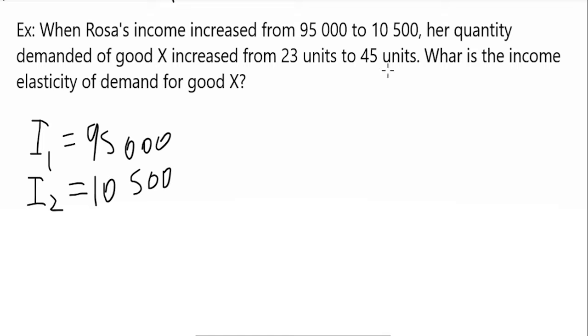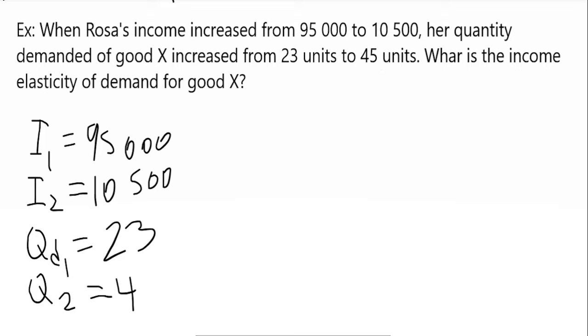Her quantity demanded of good X increased from 23 units, so this is Q1, to 45 units, so Q2 is 45. Now we want to find what is the income elasticity of demand for good X. So let's write out our formula first so we could have it written.